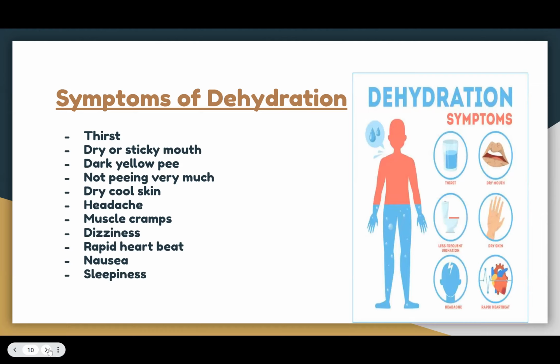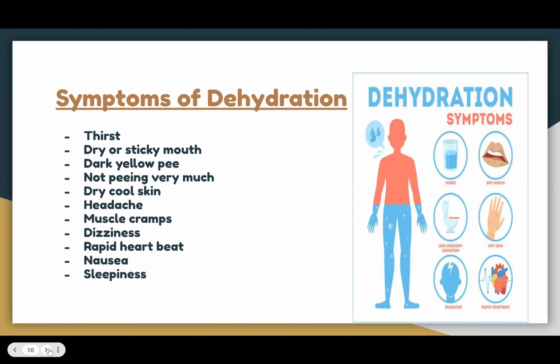That is an indicator. The other symptoms of dehydration include thirst. Your body is thirsty because it doesn't have enough water in the body, and it's causing you to crave more water. So it's causing you to become more thirsty.